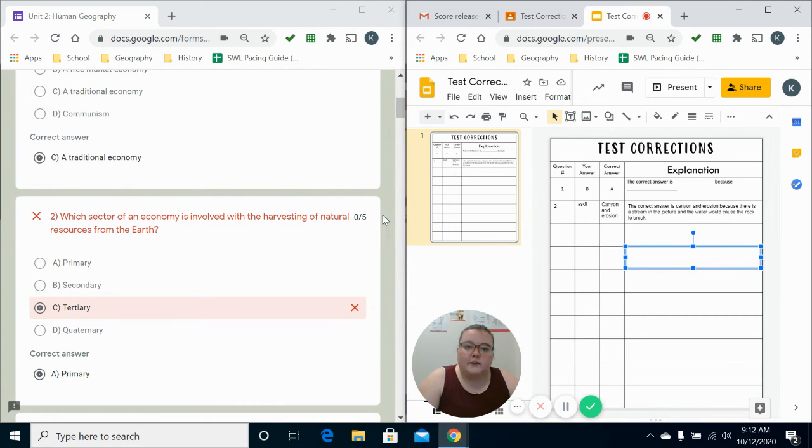Whatever works for y'all. I encourage you to do all the questions you got wrong, but that is up to y'all. And I do take note of whether you're doing corrections or not. If you're failing and someone at home comes back and asks, hey, Miss Larson, why is so-and-so failing? Well, I gave them a chance to do test corrections and they didn't do it.